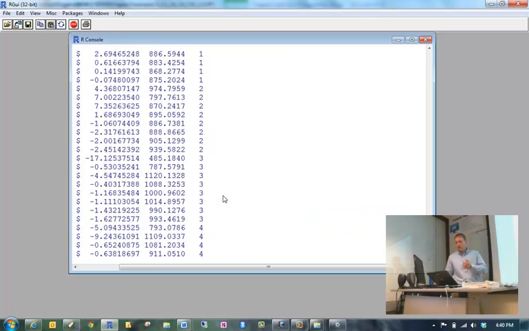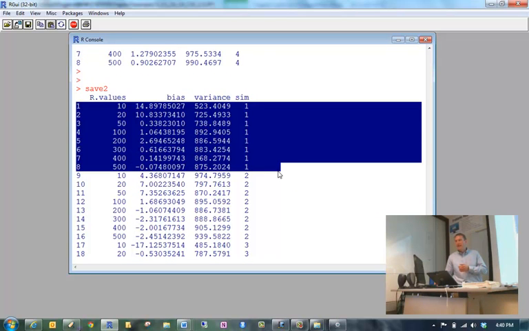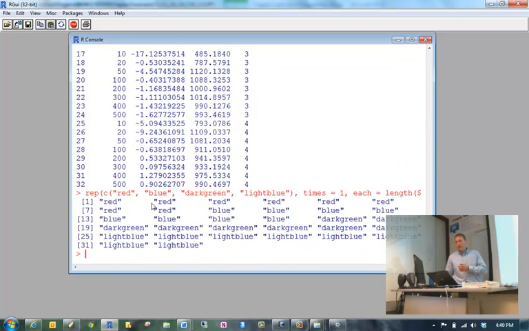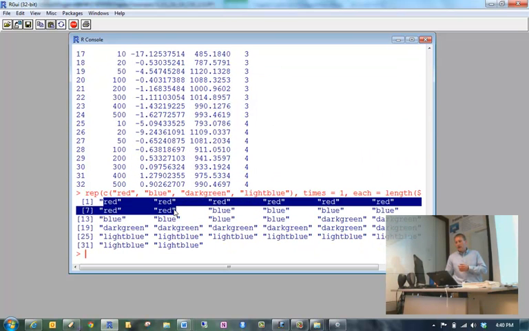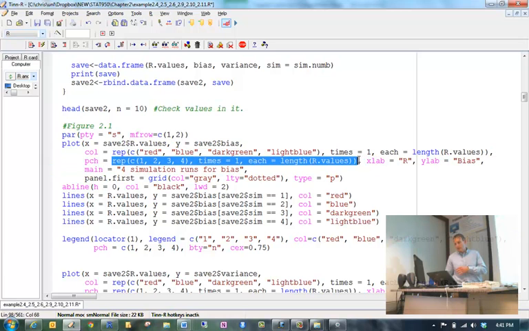In other words, there are, as I just said before, 8. So what happens is I have 8 reds, 8 blues, 8 dark greens, 8 light blues. Same thing happens then for the plotting characters as well.